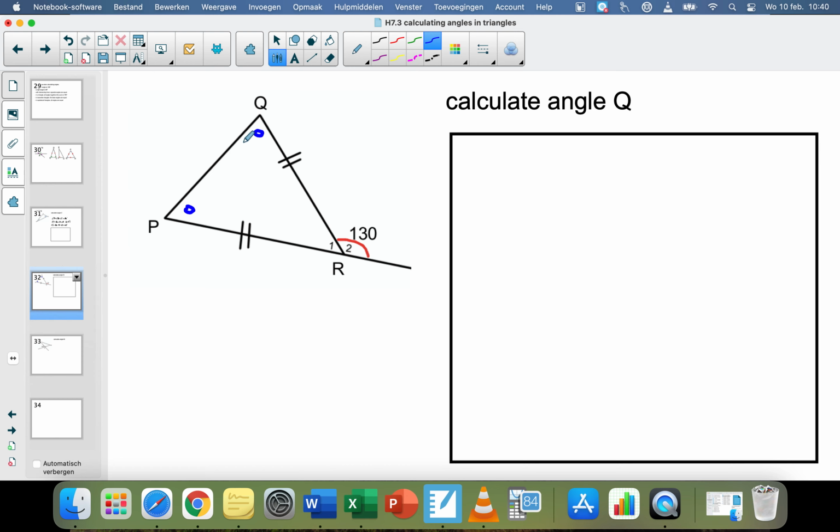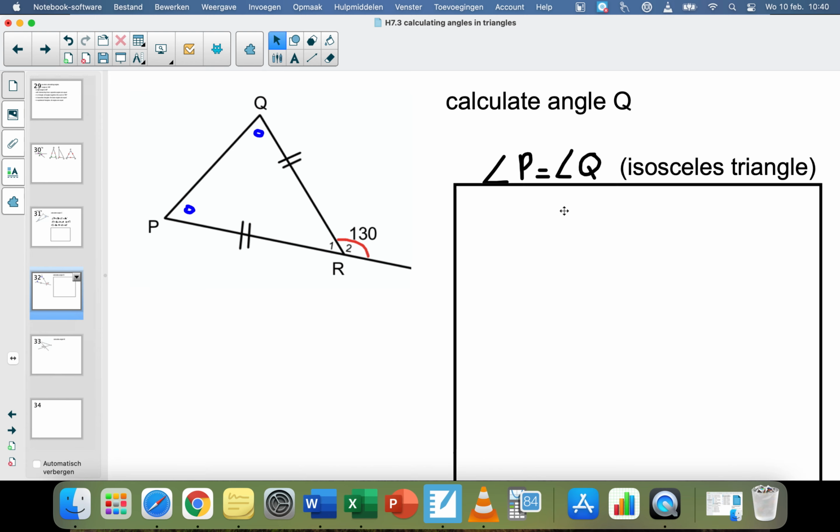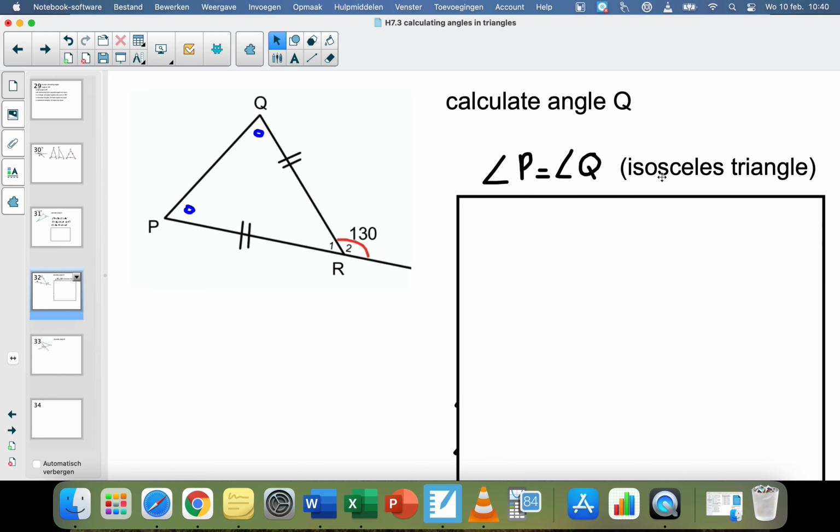The other two angles are the base angles. So angle P and angle Q are equal. So we can write that down, and we can say that that's because this is an isosceles triangle. Or you can write down because they're base angles. So you can write isosceles triangle or base angles. But P and Q are equal.